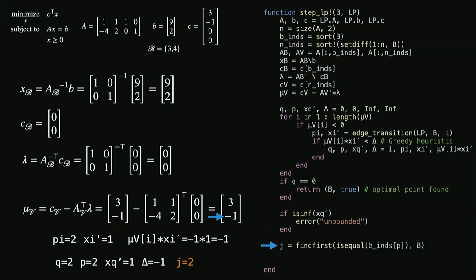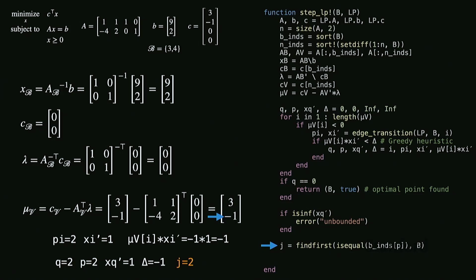Now we're just doing this swap here, so we're looking for the first component, so B indices of p, the second component of B indices, which is 4. We're trying to find the first component of B, the original basis. That's just going to be the second component as well. So we're just doing this swap because remember we sorted B. So we have to make up for the fact that we now have a different ordering than what was passed in.